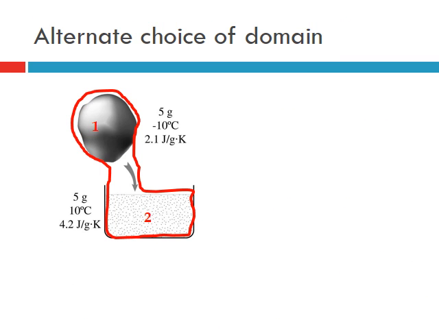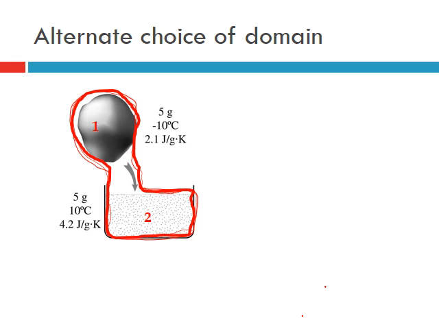Now it is important to see that the choice of domain or choice of the system boundary is arbitrary, and that doesn't change the final answer. To make the point, here I chose the domain that includes both 1 and 2.